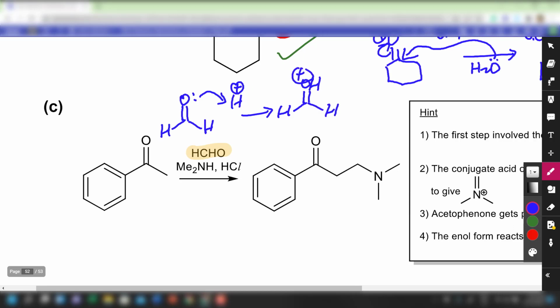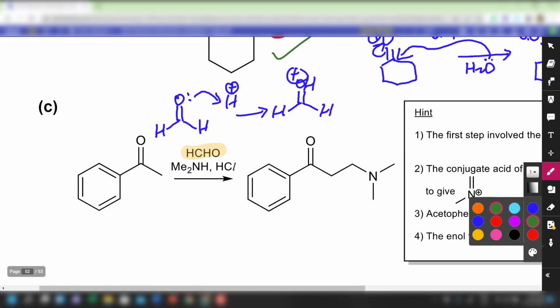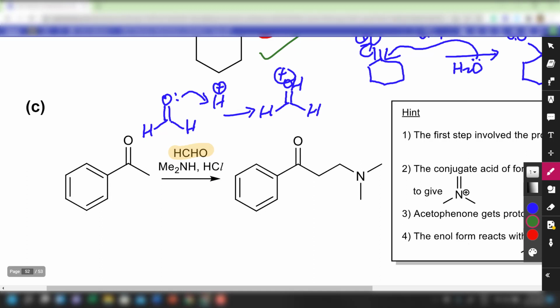I'm just going to do it first, and then the next thing is remember what I often mention: it's always good to number your carbon. So I'm going to number the key carbons, so that will be 1, 2 over here, and then 1, 2, 3, 4, and 5.